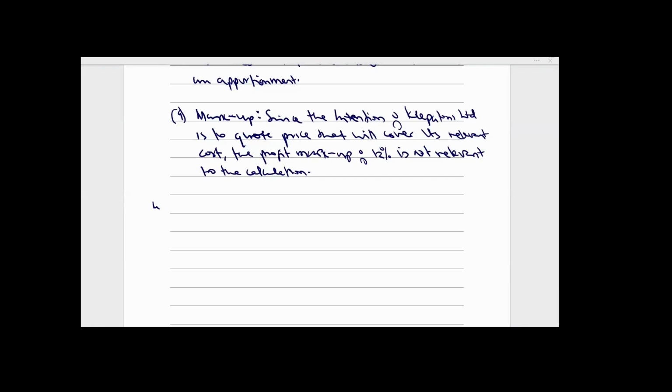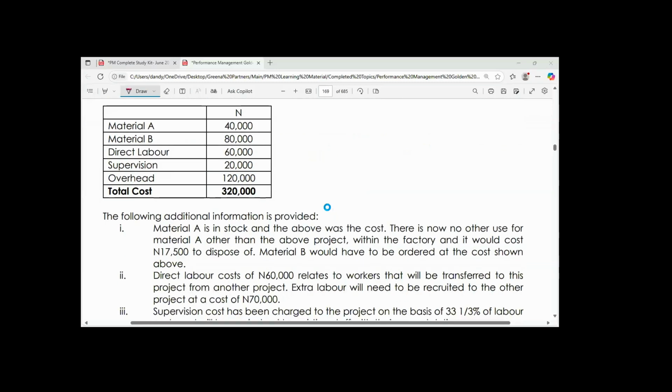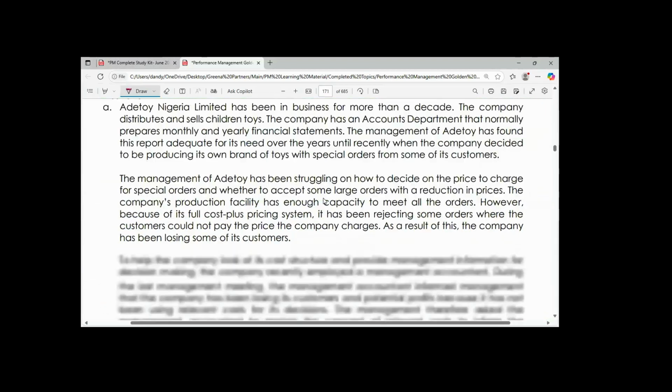All right. In fact, let me stop sharing this so that let's see if we can start another question. Let me use Golden Book to explain this. That will save time, we only have 30 minutes. Let's see how. Let me see. That's illustration number.